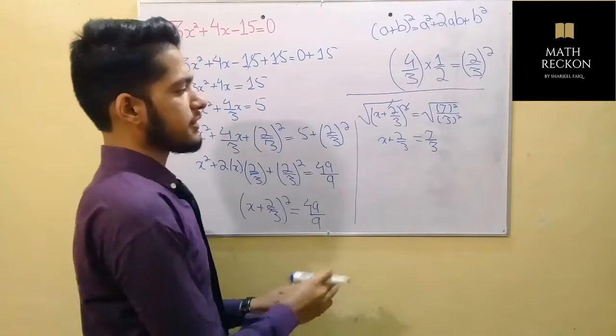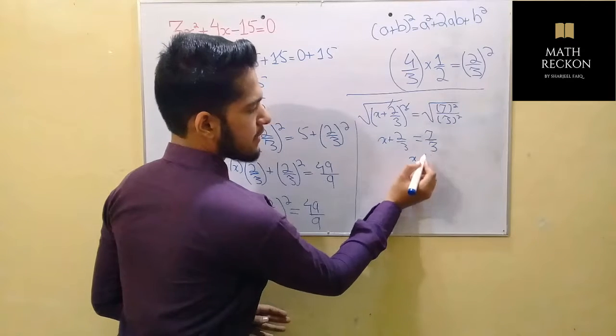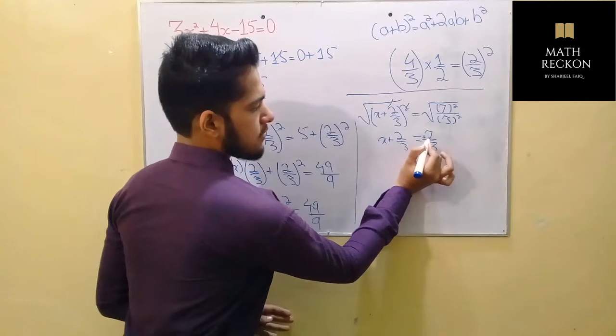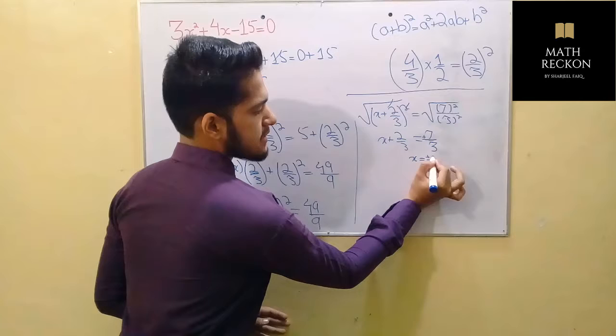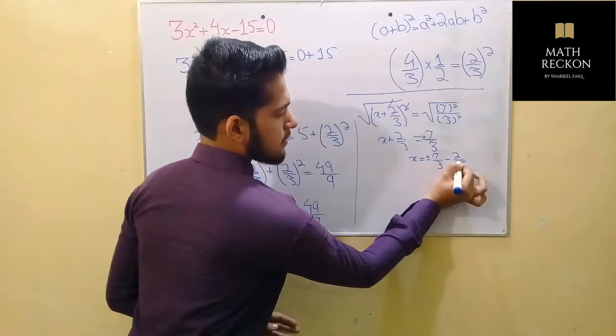And now by transposing this term to the other side of the equation, we will have x equals plus minus 7 upon 3 minus 2 upon 3.